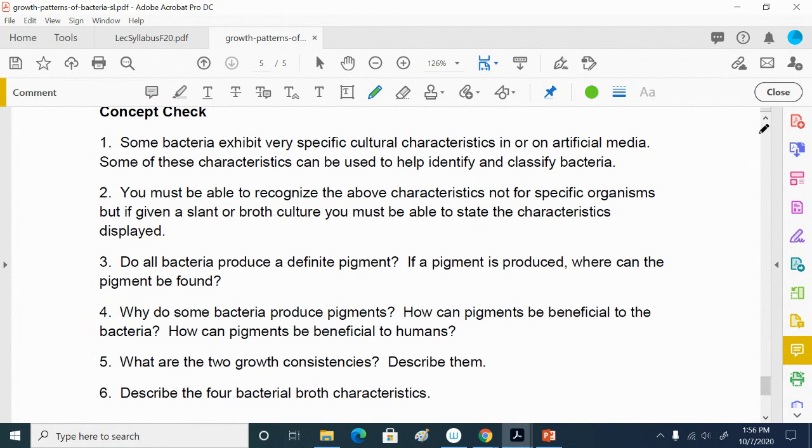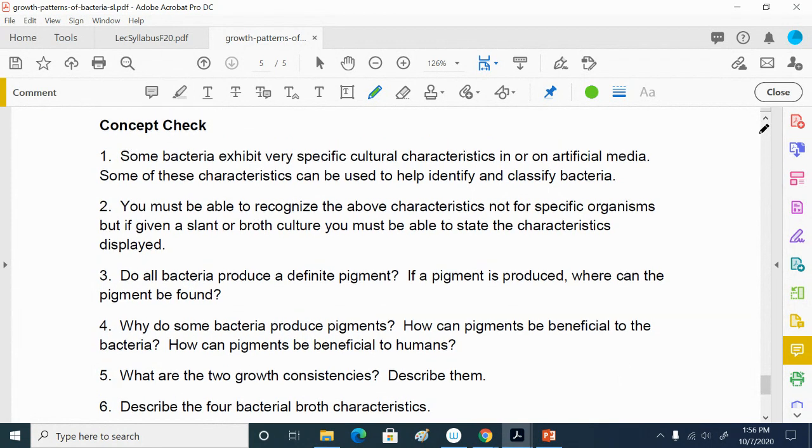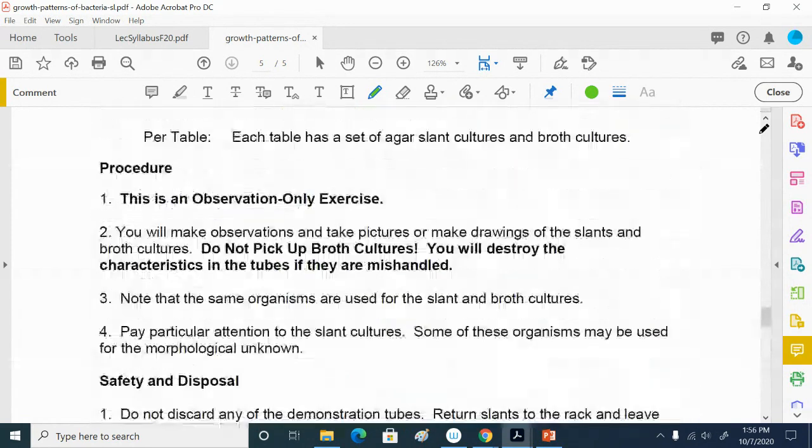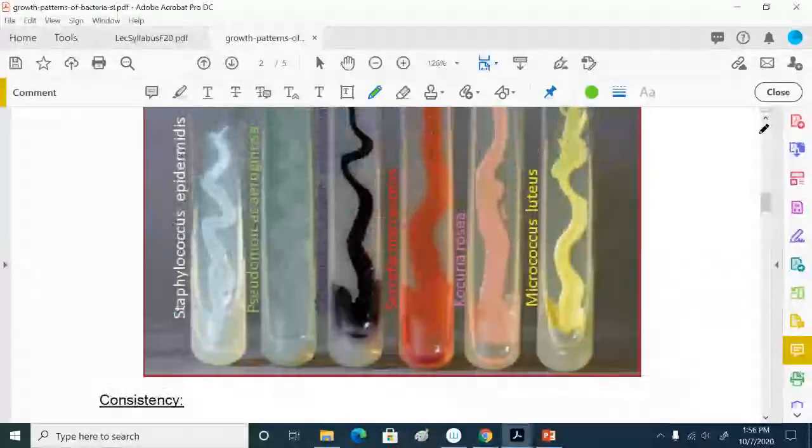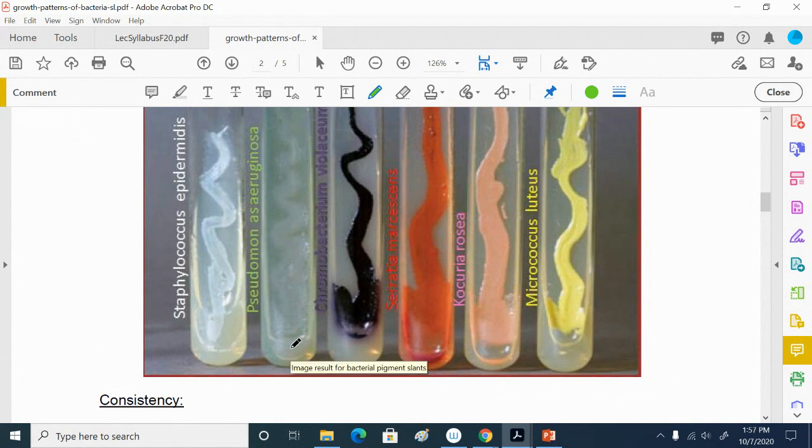And to go back to mucoid, I just want to show you something which happens in an agar slant. Because agar is actually mostly water, we often get condensation. So you can see there's some liquid that has accumulated in the bottoms of these slants. So it's important to ignore that, right? That's just water that's accumulated.